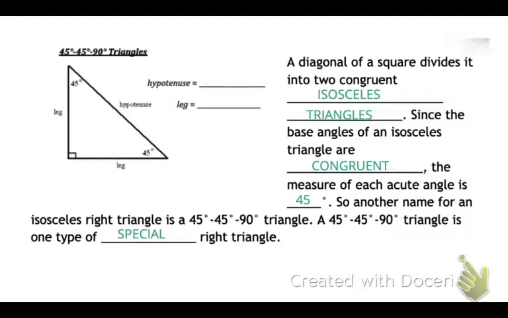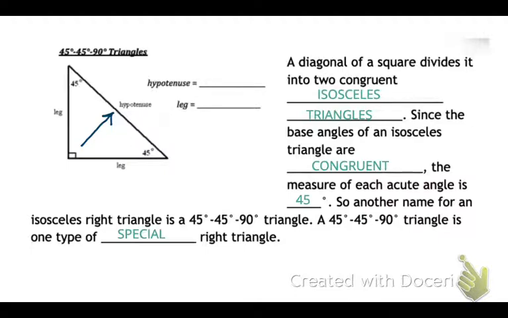So the important thing that we always want to make sure that we think about when we're working with right triangles is that your hypotenuse is always the side that's opposite the 90-degree angle. It does not matter if they spin the triangle around and it looks different. You always want to make sure you visually line up and think about that the hypotenuse is opposite of your 90-degree angle.